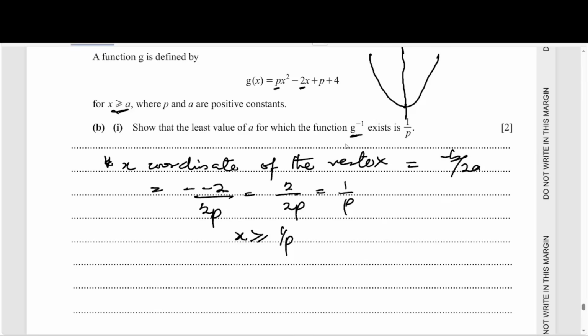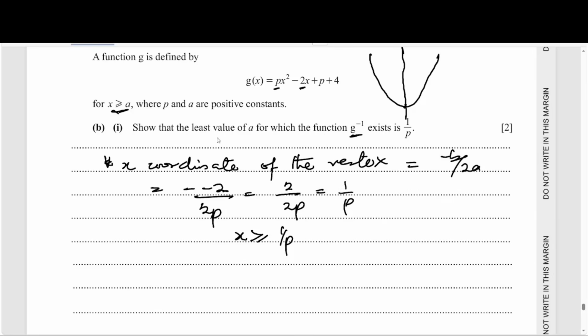Remember, only 1 1 functions have their inverse existing. Apart from that, other functions that are not 1 1 do not have any inverse, right? So all values greater than 1 over p as a domain for this function will make the function 1 1, and so make the function have an inverse, right?